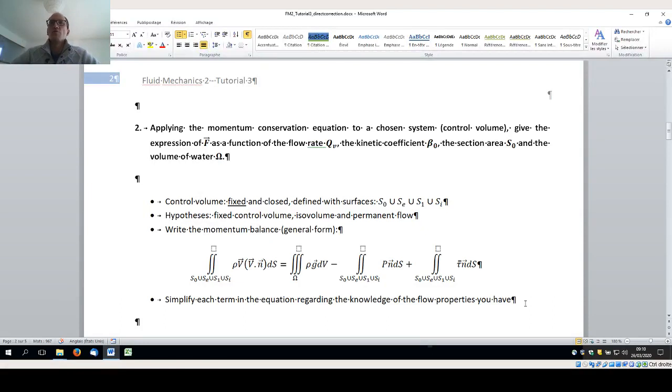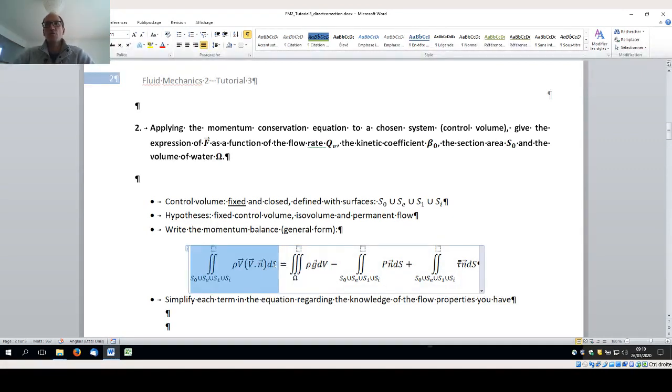So we can take the different terms and try to say something about the physical quantities we have.